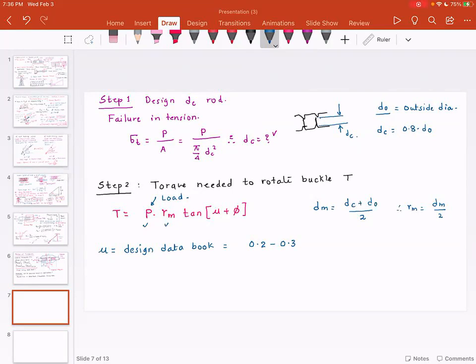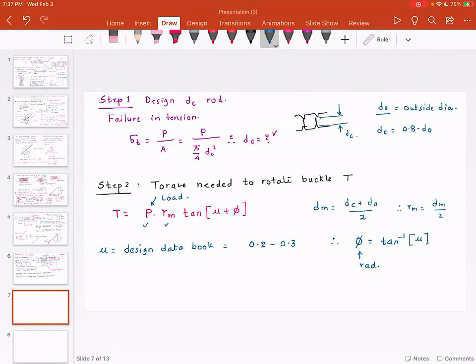So for example, if the value is not given to you, there is no harm in just selecting the value of 0.3 and saying that, assuming steel to steel contact, the coefficient of friction is 0.2. So with this information, I can find out the value of phi as tan inverse of mu. And one thing I want you to understand, that with this equation, this value you will obtain in radians depending upon your setting in your calculator, but this value is in radians.